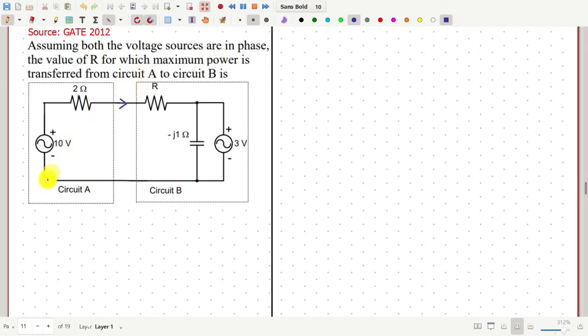Okay. Now, if we assume that this lower point is at zero potential reference, then this point is at 10 volt and this point is at 3 volt. Then this current, if it is I ampere, then I is equal to 10 minus 3, that is 7, divided by R plus 2, if this R is in ohm.